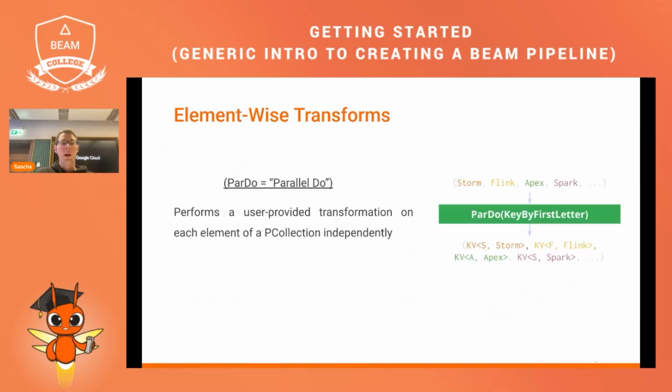Starting with the element-wise transform, which applies a function to each of the elements in a PCollection. It makes it a powerful tool, especially for data processing tasks like cleaning the data, enriching the data, filtering the data, or aggregating the data.